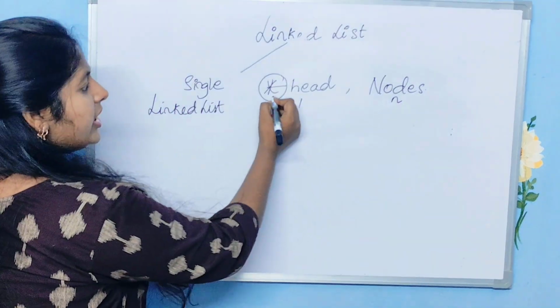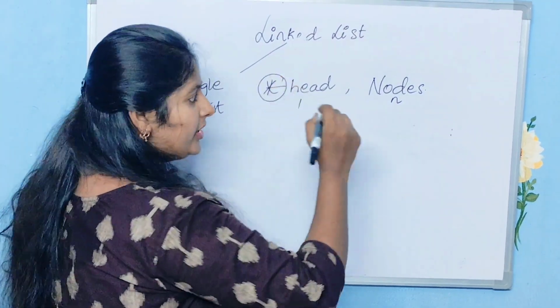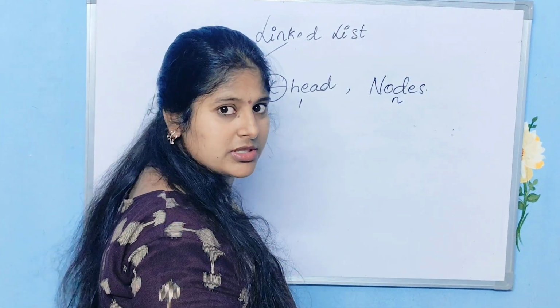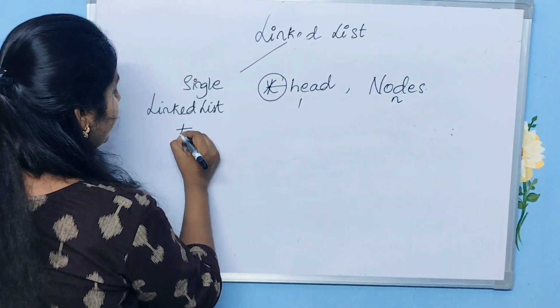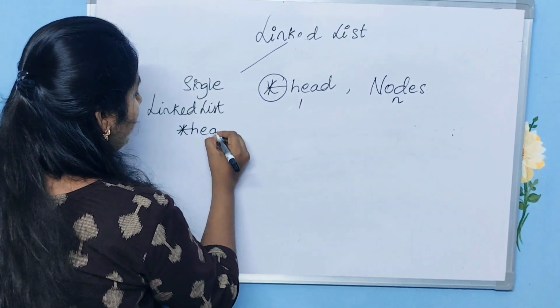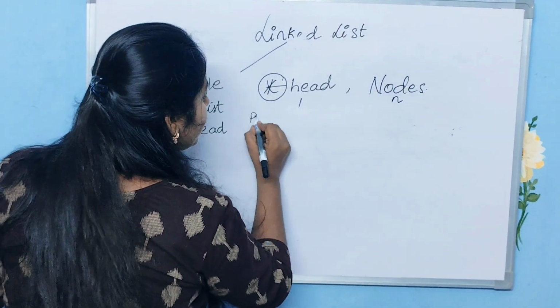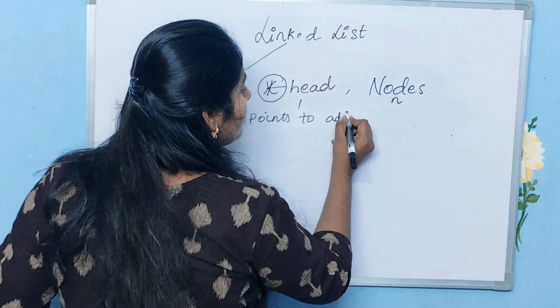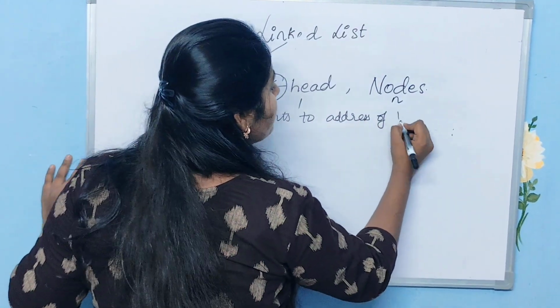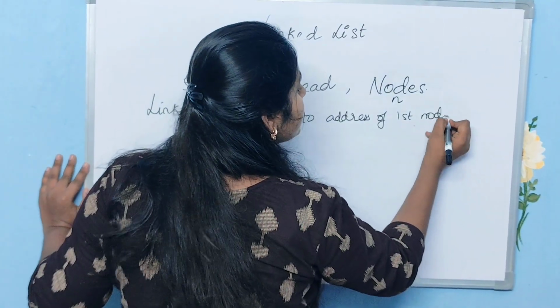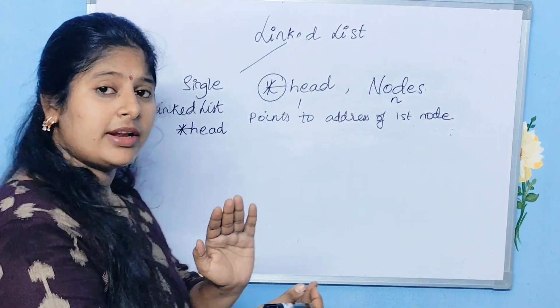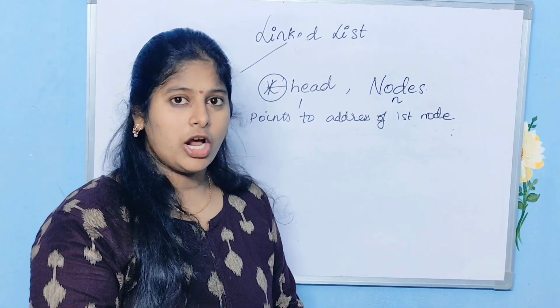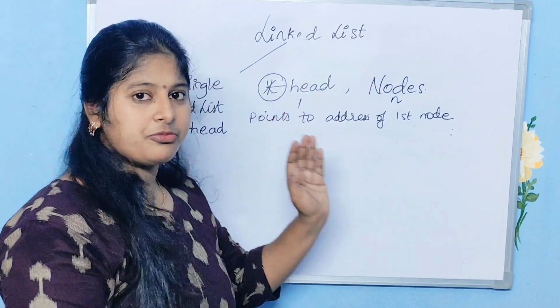I've said there will be only one head pointer and there can be any number of nodes. My head pointer always points to the address of my first node.